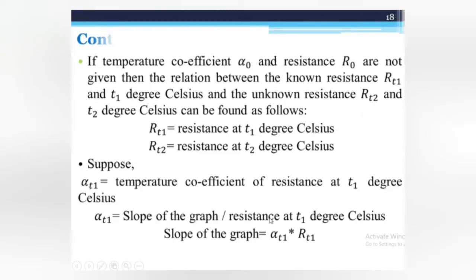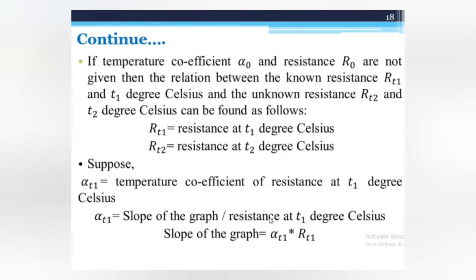If the temperature coefficient alpha 0 and resistance R0 are not given, then the relation between a known resistance RT1 at T1 degrees Celsius and an unknown resistance RT2 at T2 degrees Celsius can be found by the following steps.